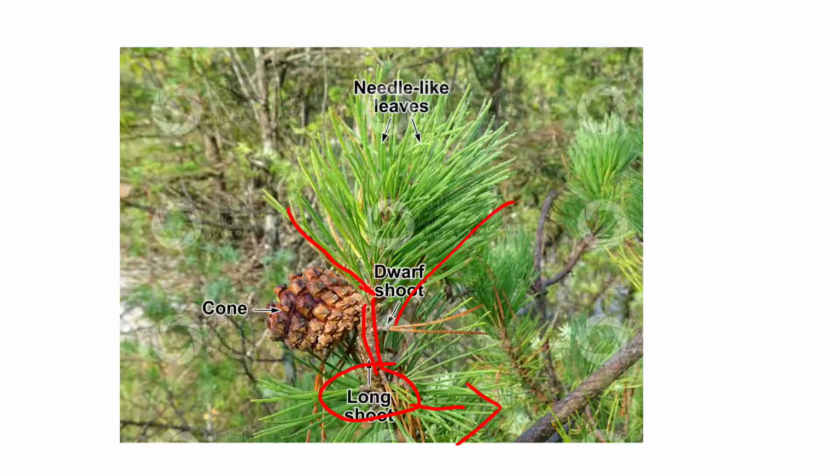Since they do not grow continuously, they are known as dwarf shoots. Once the dwarf shoots develop completely, these needle-like leaves appear upon them. So they are regarded as branches of limited growth. The growth is limited here. In the case of long shoots, they are branches of unlimited growth. So this is a special kind of branching which you will see in Pinus.